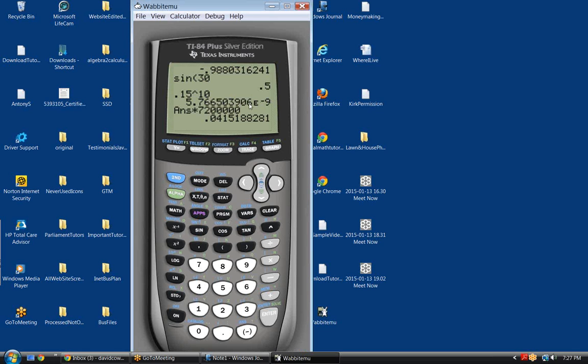This designation here, do you know what this means? 5.766 times 10 to the minus 9th. So it's basically a decimal point with 8 zeros and then 5, 7, 6, 6. And even when we multiply that by 7 million mosquitoes, we still have less than one mosquito. Wow.